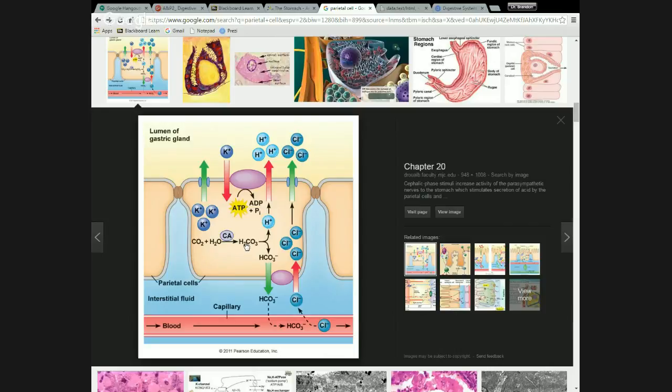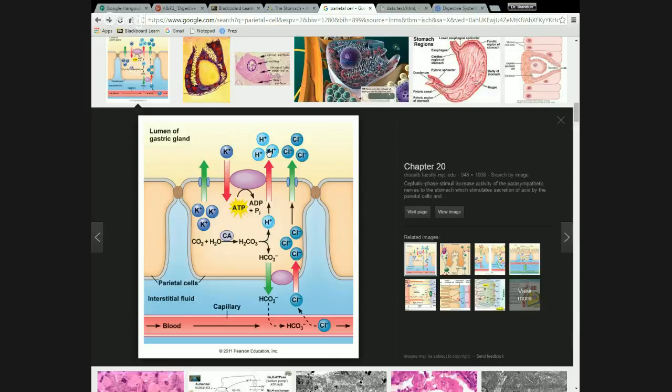But carbonic acid we met last week, which has to do with how carbon dioxide gets tied up in red blood cells for transport. And here, carbon dioxide combines with water, and thanks to the enzyme carbonic anhydrase, it is made into carbonic acid, which is the opposite of what the name implies. It's putting them together rather than taking them apart. But then carbonic acid dissociates into the hydrogen ion and the bicarbonate ion.